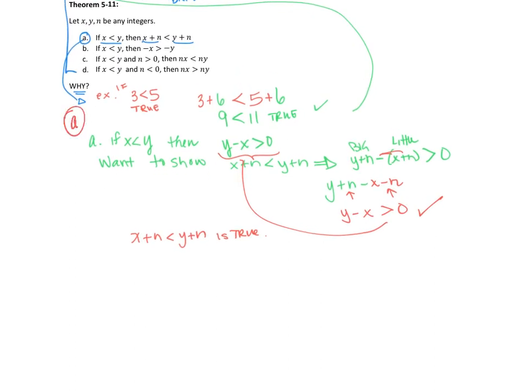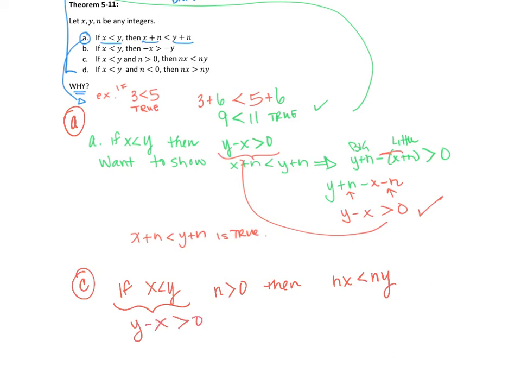Let's look at part C. So part C says that if we have that same x is less than y, but this time we have n is positive, we want to show that nx must be less than ny. So again, if we have this first part, we know that y minus x is greater than 0.